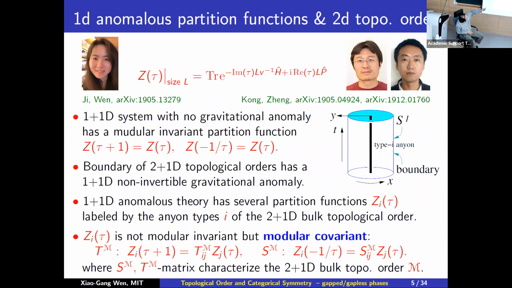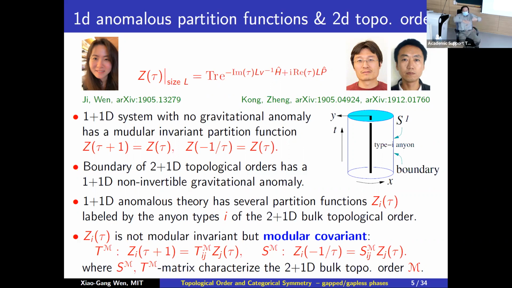In condensed matter, we can define this as follows. If you have a 1D system with size L, a ring of size L, then the partition function is usually just the trace of e to the minus beta Hamiltonian. But this beta is the imaginary part of tau times the system size times the inverse velocity. So this is our temperature beta. The real part of tau times L is a translation.